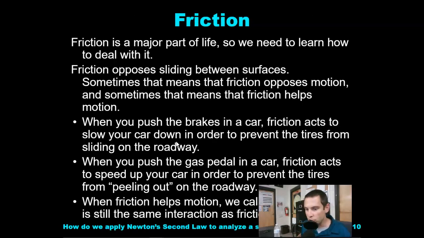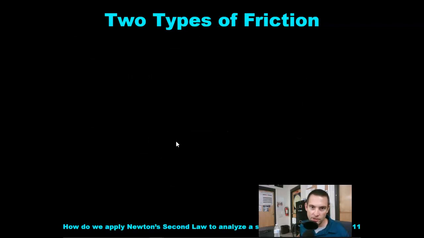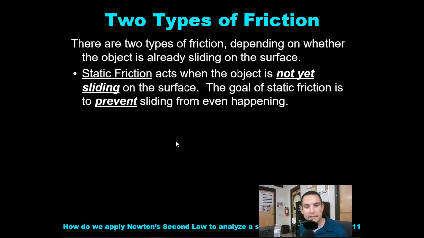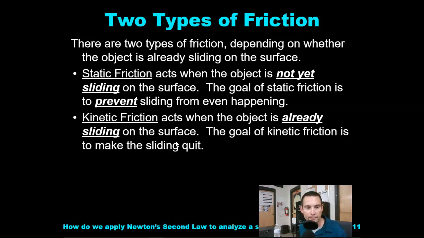When friction helps motion, we call it traction, but it is still the same interaction as friction. There's two types of friction, depending on whether the object is already sliding on the surface. Static friction acts when the object is not yet sliding on the surface. The goal of static friction is to prevent sliding from even happening. Kinetic friction acts when the object is already sliding on the surface.